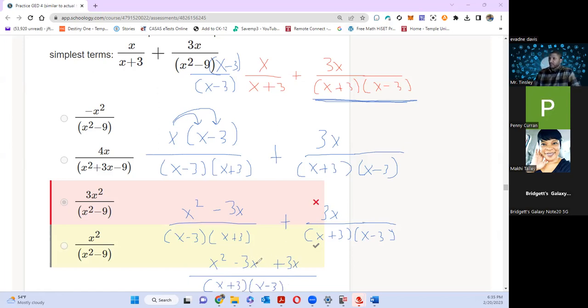They cancel each other out, and you get x squared over x minus 3, x plus 3. Now all the denominators multiply out to x squared minus 9. So x squared over x squared minus 9. That's the answer we're looking for, which is D.